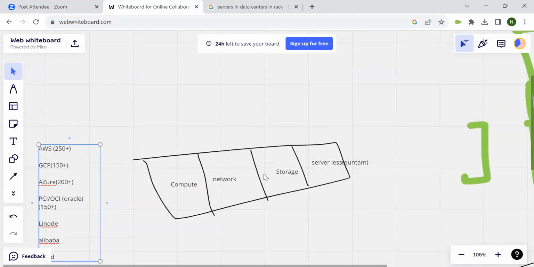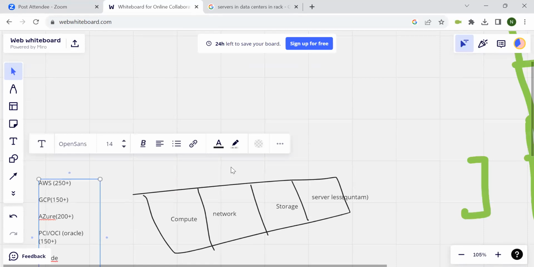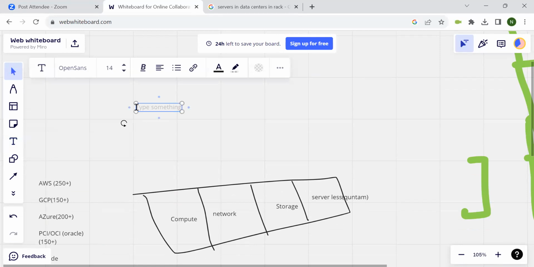Now, if you categorize these services, there are some concepts they have been applying. They have categorized these terminologies into other terminologies.